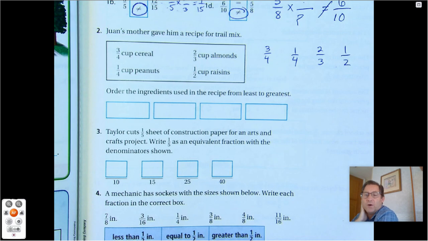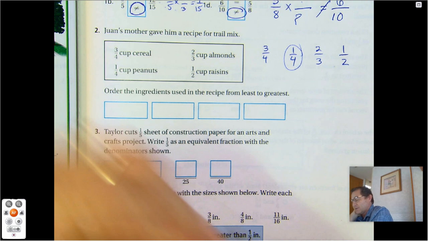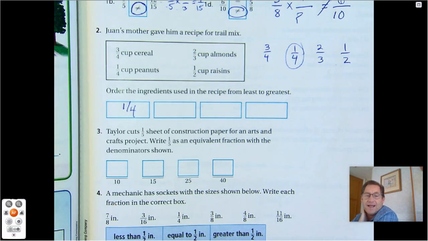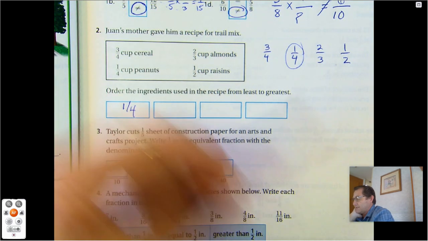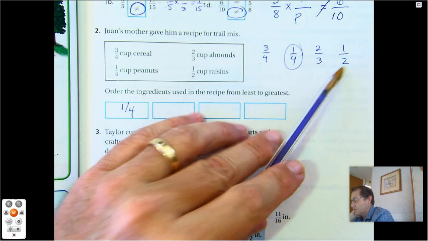All right. Well, this one here is less than a half. Half of fourths would be 2/4. So the others are half or greater than a half. This is greater than a half. This is greater than a half. So half is next.